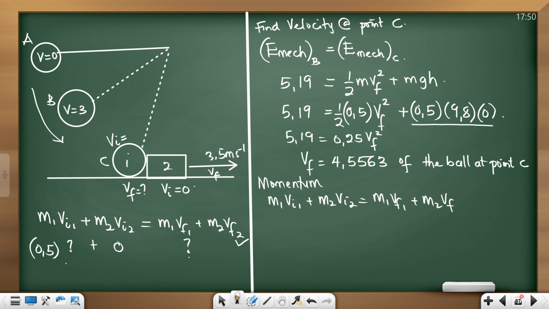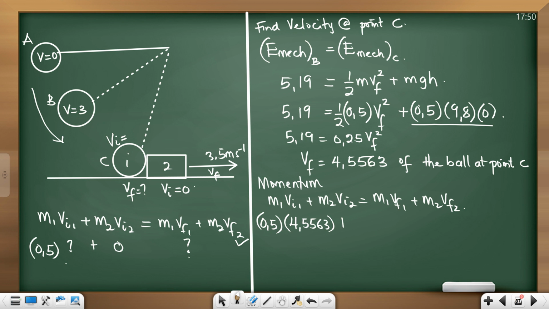Now we all know this formula, right? M1, which is the steel ball, 0,5. What is the initial velocity? 4,5563. I hope that makes sense. That is the velocity with which it collides. That's the velocity it has before collision.